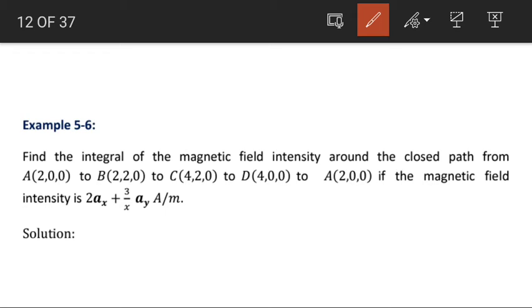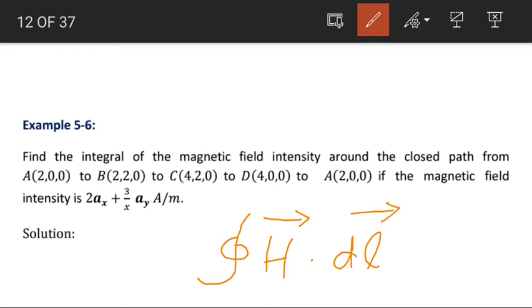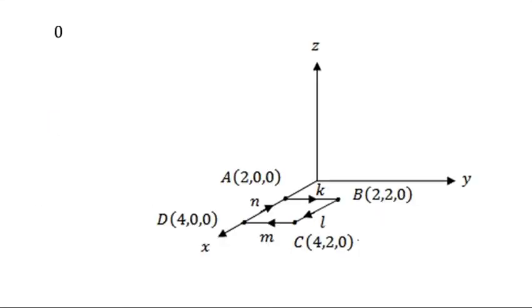So we need to calculate this integration, that is the integral of the magnetic field intensity around the given closed path. So we will have to calculate this integration, right? So let us consider the diagram.